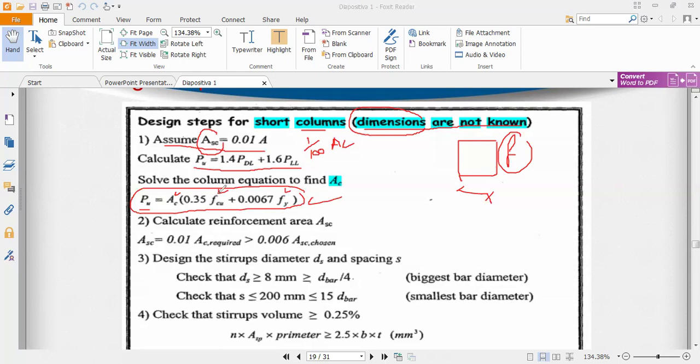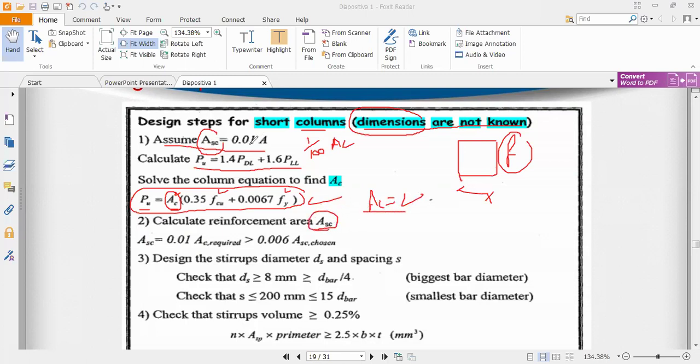Okay. After that, we can get area C. We can calculate the reinforcement area from this equation, you can get Ac. After getting area C, you can get area steel.